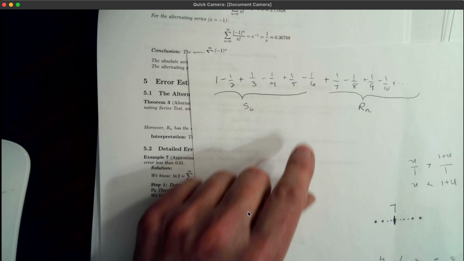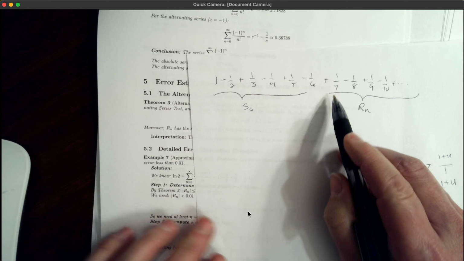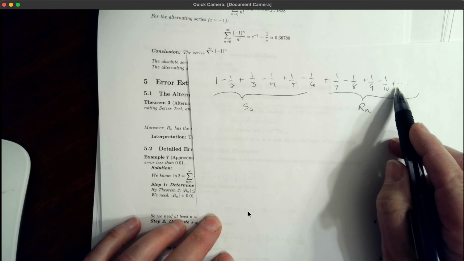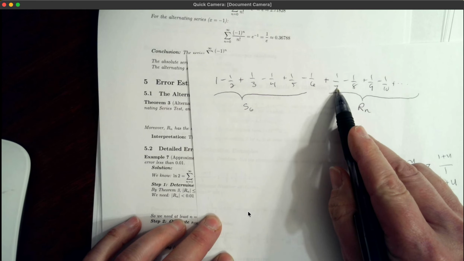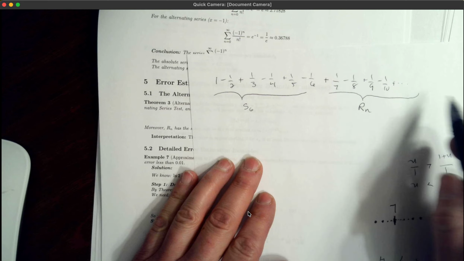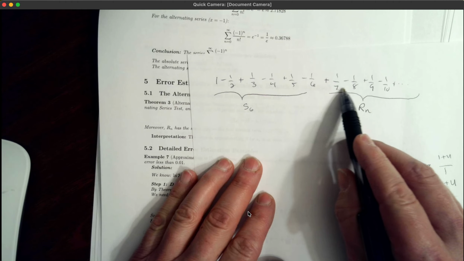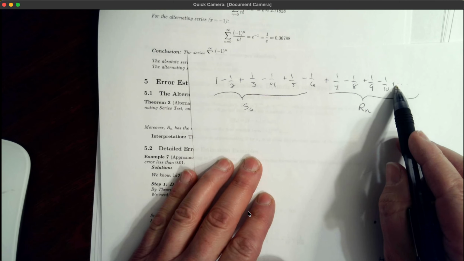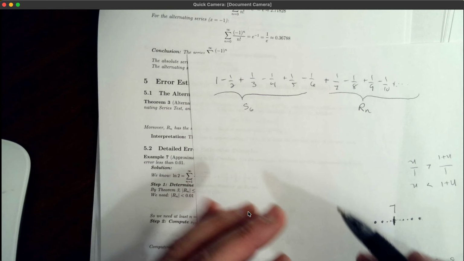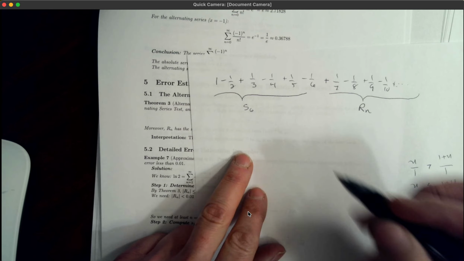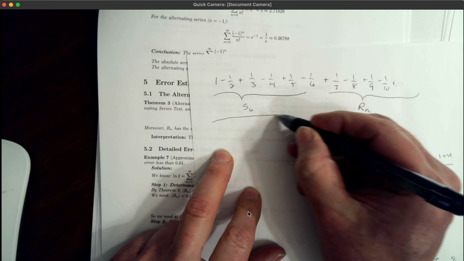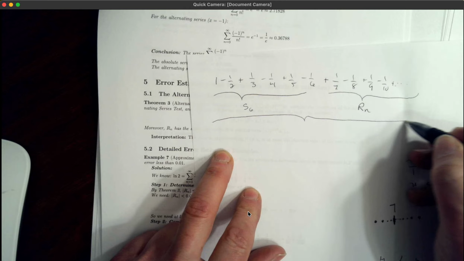So it's the infinite tail of the series, the right tail. So all these terms together, that is the error. That's what we're off by. All the terms together, that's the exact sum.